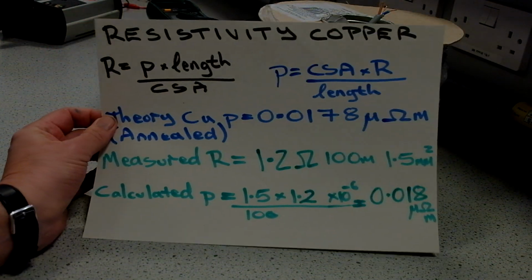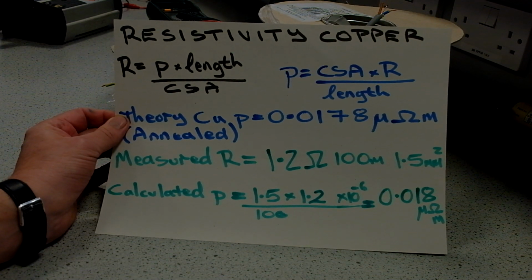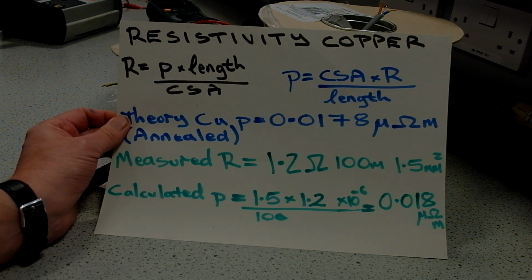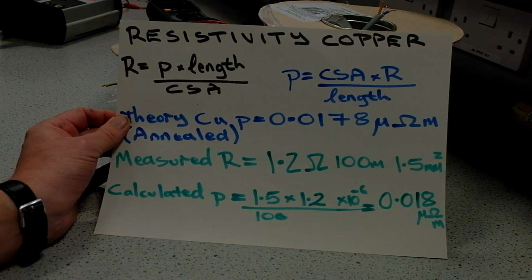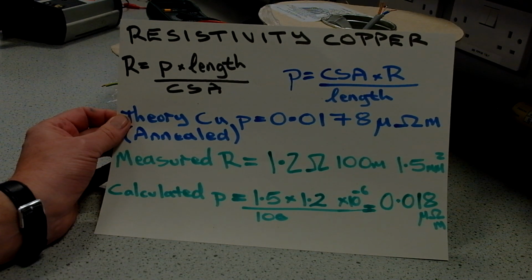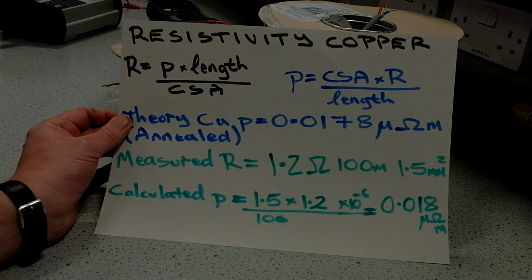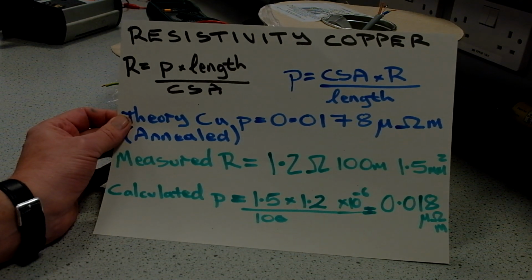So what we're getting by experiment is the theory 0.0178, which we'll round off to 0.018, and by experiment our calculated value of resistivity from our 1.2 ohm 100 metre drum is 0.018, which matches up with the theory calculations.